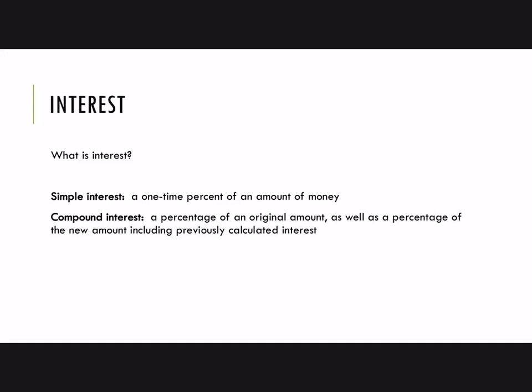Compound interest, you're earning a percentage of an original amount as well as a percentage of the new amount, including the previously calculated interest. So compound interest is actually interest not only on whatever you, let's say it's a bank account, not only on whatever you deposited, but you're also earning interest on the interest.